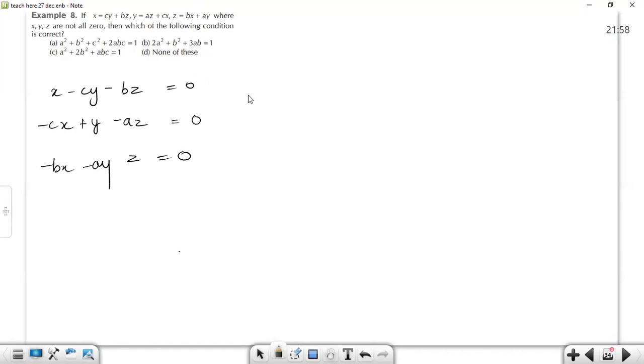Now you can exactly see that this is a homogeneous system because D1, D2, D3 are 0. Now it is given that x, y, and z are non-zero. If they are non-zero, then x, y, z will have infinite values, and that can only happen when the determinant is 0.